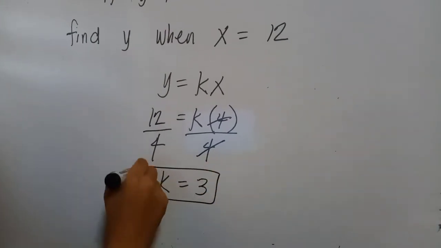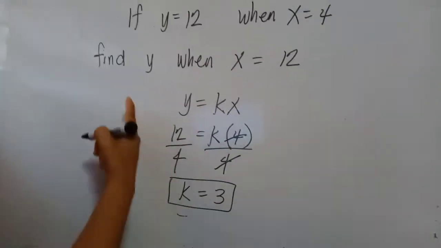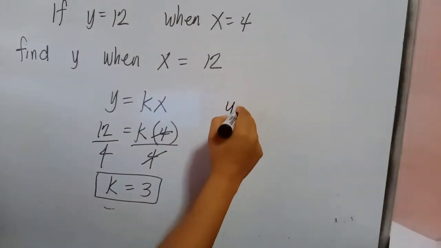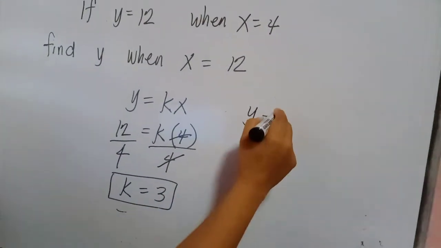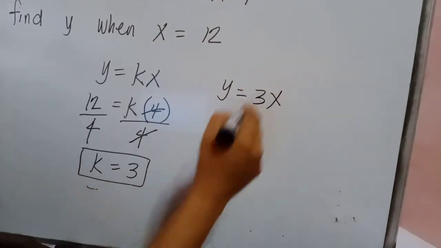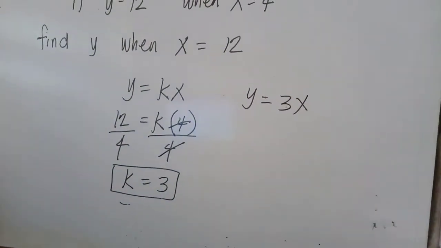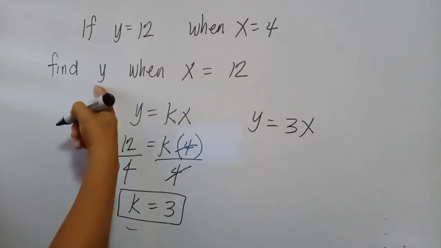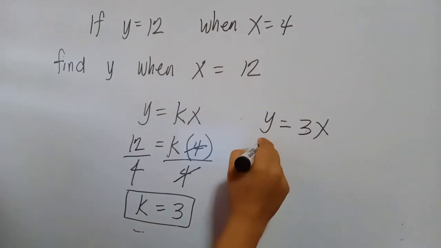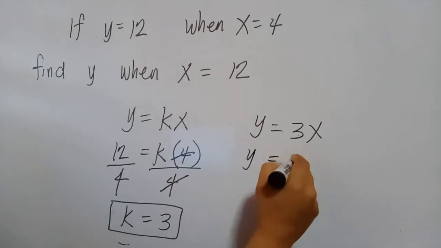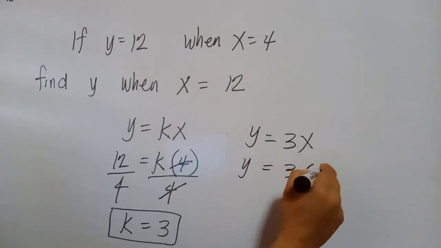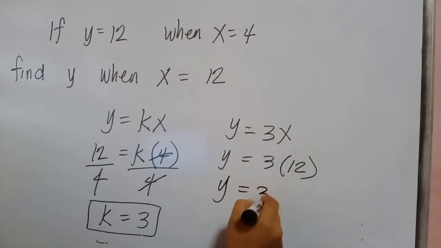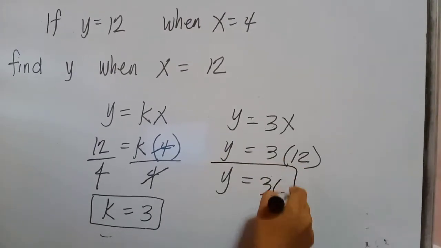So we now have k equals 3. Now find y when x equals 12. So y is equal to 3x, our final equation of variation. So solve for y when x is 12. Substitute x with 12. So 3 times 12 is 36.